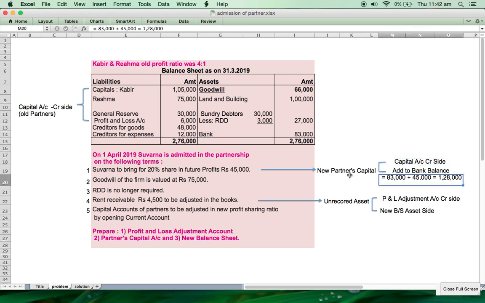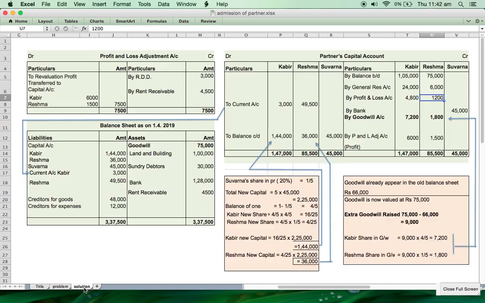So 83,000 plus 45,000, 1,28,000 will be the new bank balance which will be shown in the new balance sheet. Let's see. Here on the partners capital account credit side we are going to write by bank in Suvarna's column 45,000, and in the new balance sheet bank balance will be 1,28,000.